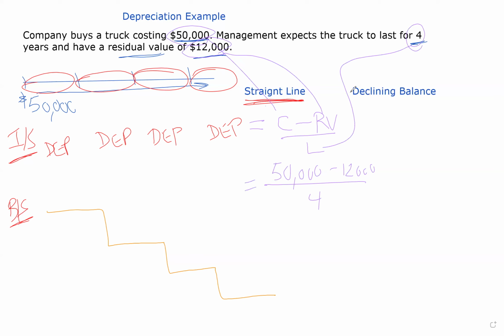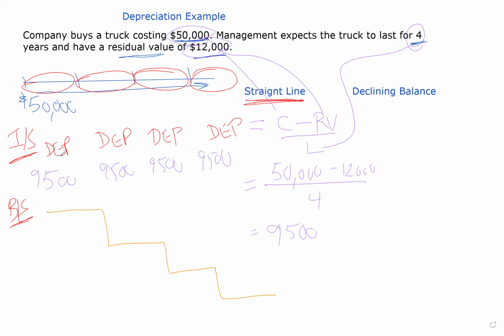So the depreciation expense or the depreciation charge, we've got 50,000, take away 12,000, that's 38,000. 38,000 divided by 4, that's going to be 9,500. So every time period, we're going to record an expense of 9,500, 9,500, 9,500, and 9,500. And this is reflected on the income statement.